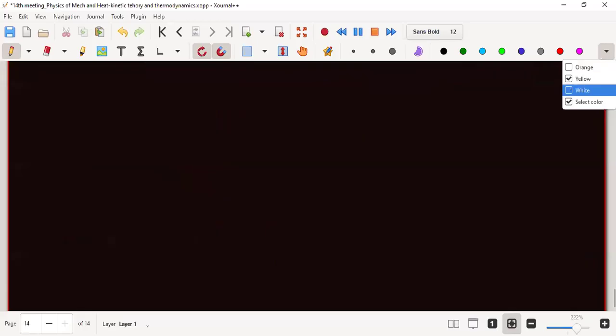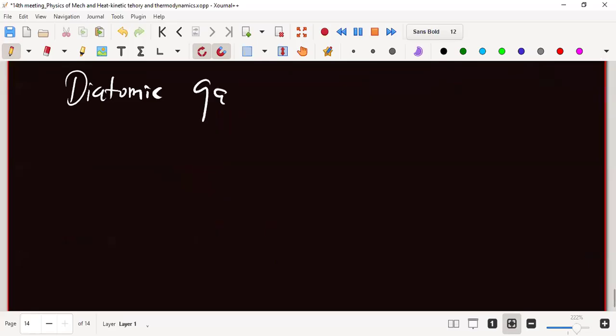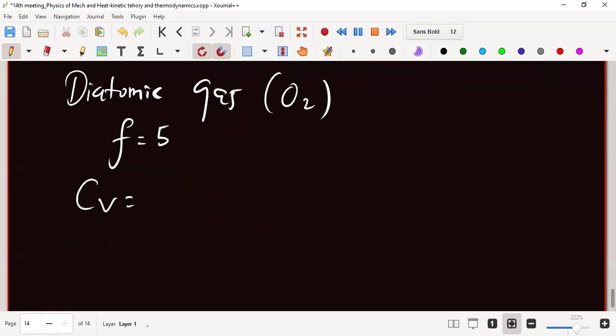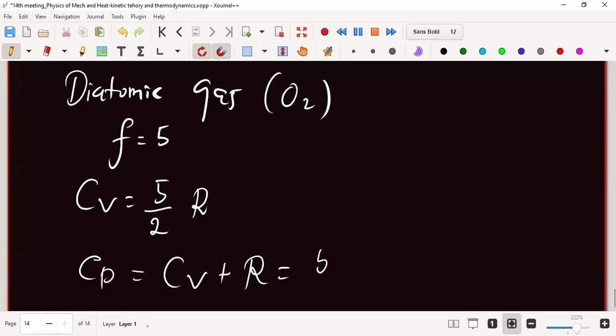So for diatomic gas, for example O2, Cv is 5 divided by 2 R. Then the Cp for diatomic gas is Cv plus R. So here 5 divided by 2 R plus R becomes 7 divided by 2 R. This one is for diatomic gas.